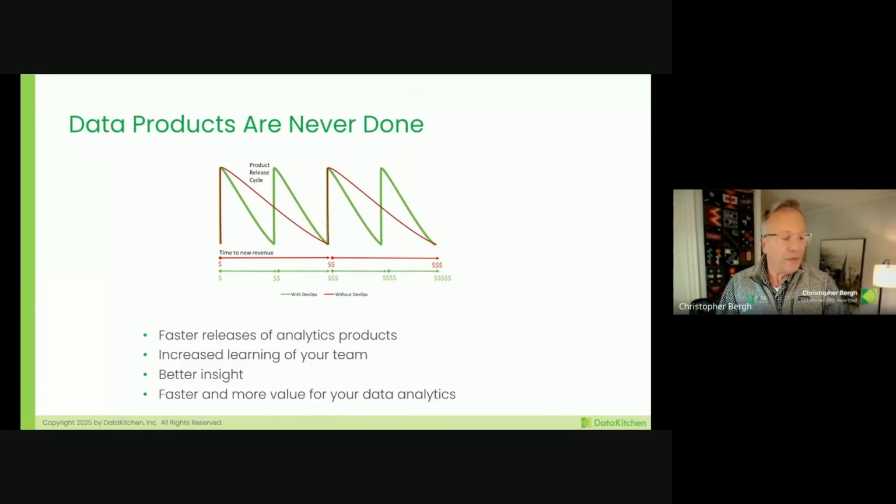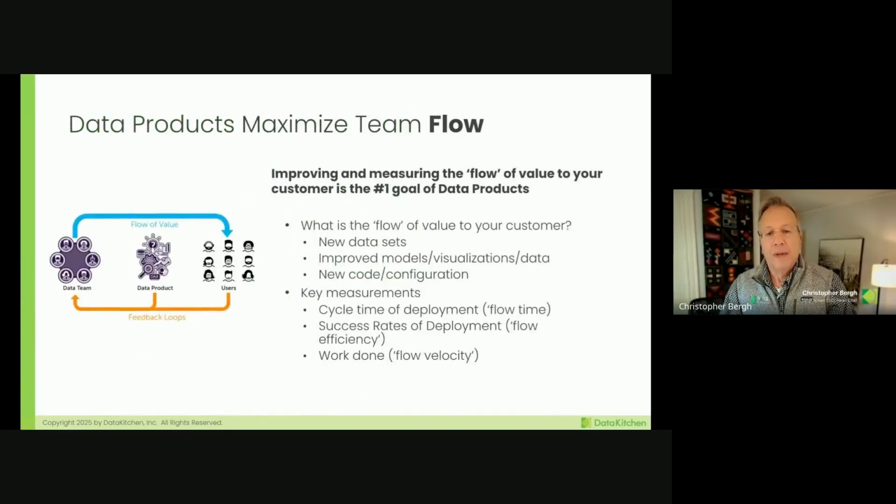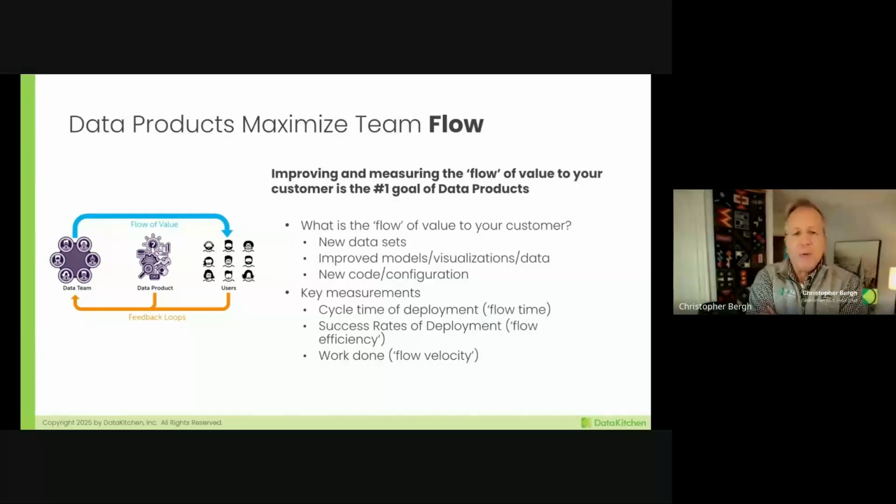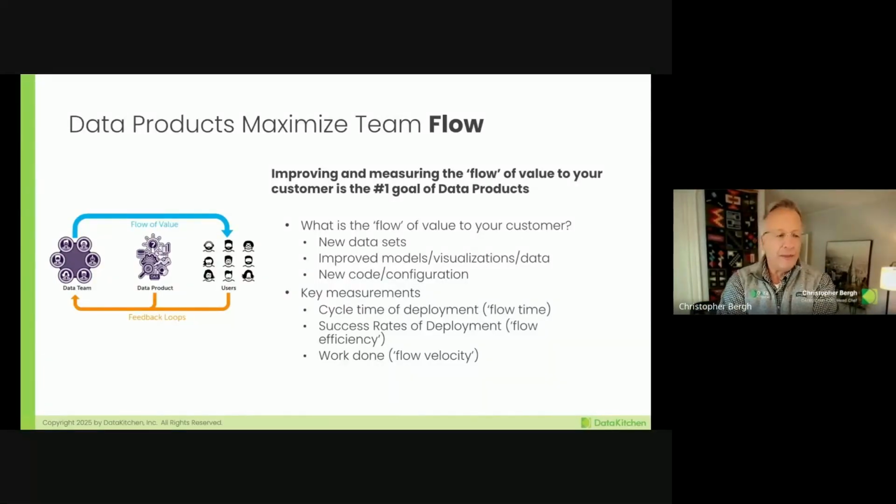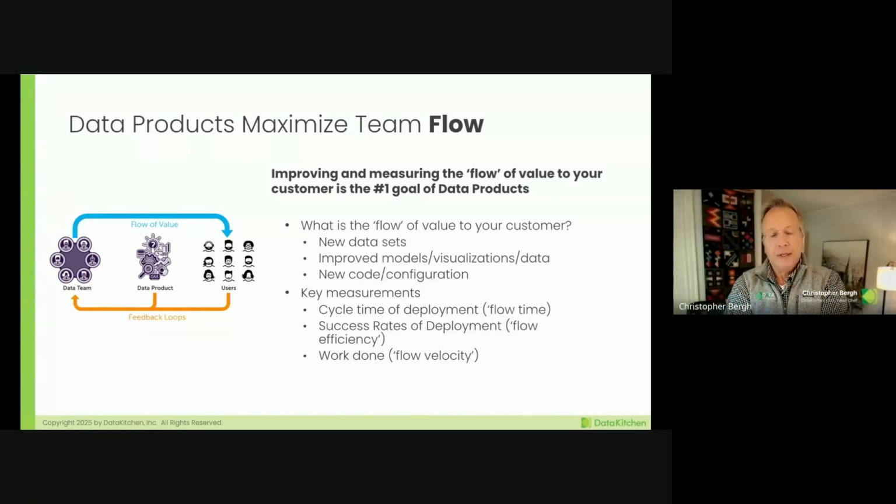And I think the other thing about data products that's incredibly important, and I'm going to mention this again, is that it helps you realize exactly what your customers want. And so this notion of flow is really important, and it's the flow of value. And what is value in a data and analytics system? Well, it could be new data. It could be improved data. It could be a new model, a new visualization.